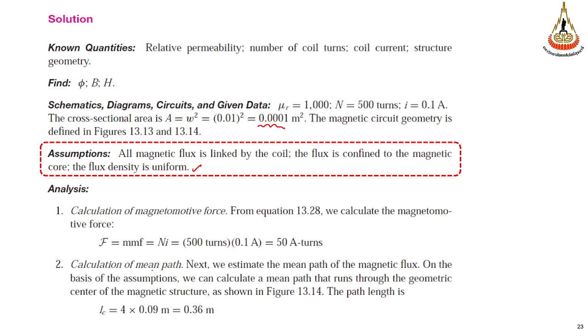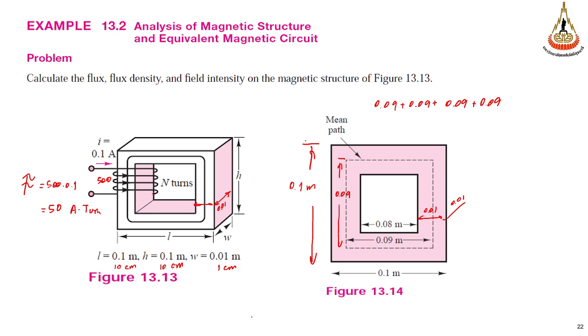And then we calculate the mean path, which is 4 times 0.09. This is the length L. In this case, all parts are equal, so for these 4 parts we get the same reluctance, and we can calculate one reluctance for this magnetic path.